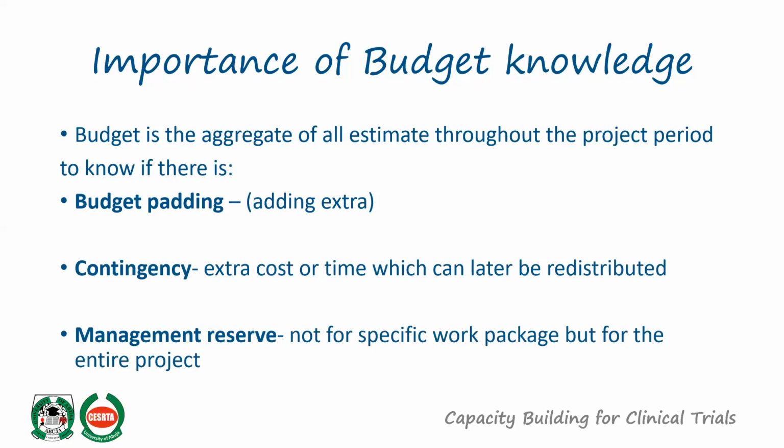And of course, we have the management reserve, which is not specific to a work package but for the entire project. Management does that a lot. Also, it could come in the form of a credit line, or support at the end of the day, so that the clinical trial goes without issues.